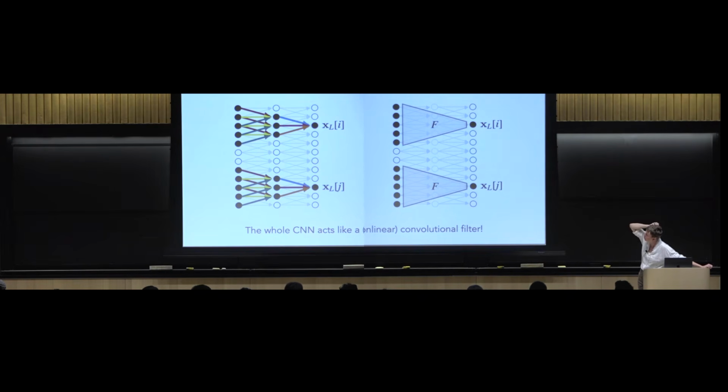Maybe in future years I'll put that in the diagram so that nonlinearity is a little clearer, but I'm just saying it exists. So now you have a convolutional filter, but it's nonlinear because you have that nonlinear activation in the middle.